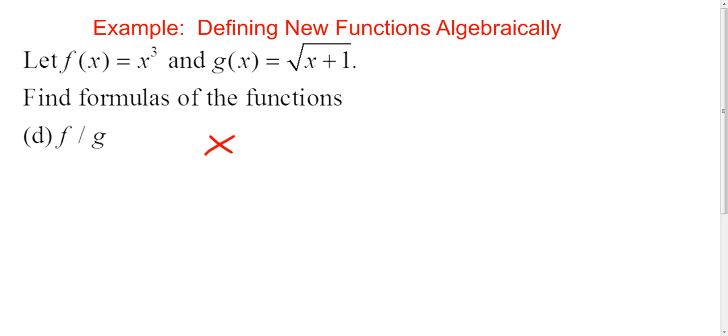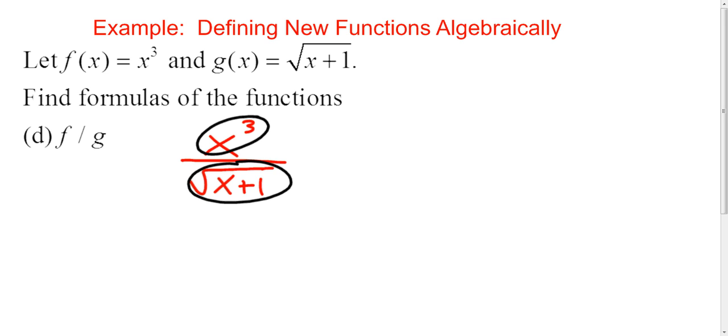So in this case, I will have x cubed over the square root of x plus 1. Okay, now, in this case, this can be all real numbers. Okay, we know that. However, this, as itself, is from -1 to infinity.